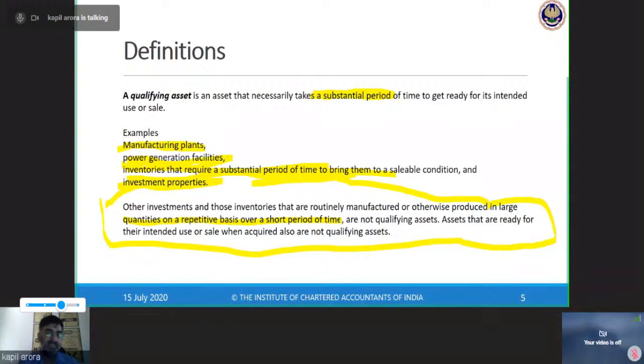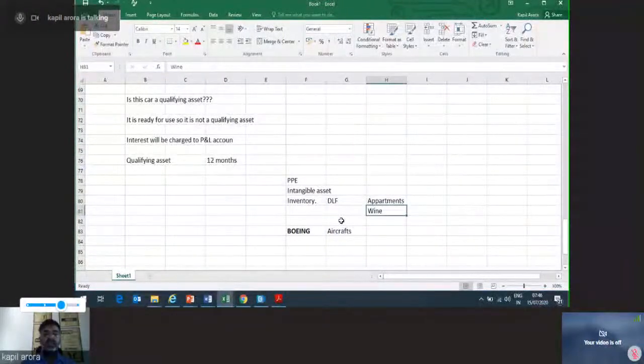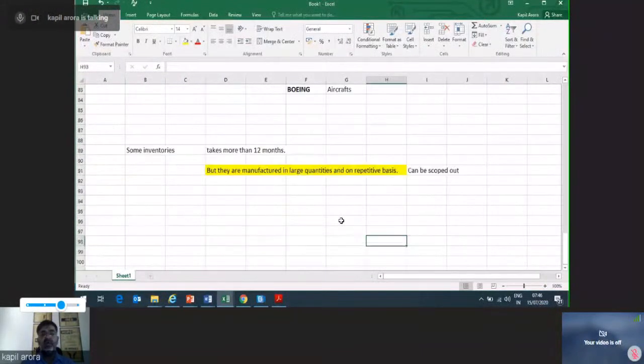So wine companies specifically, because they are producing large quantities on a repetitive basis, though it is taking more than 12 months, will be considered out of scope for this particular topic. Why? Because we are making this on a regular basis, repetitive basis, and in large quantities.